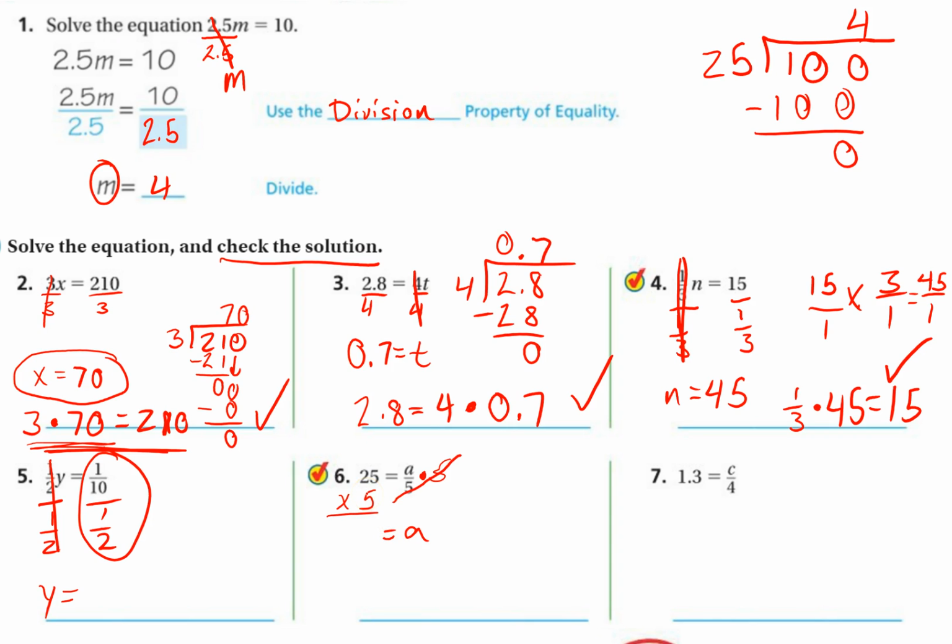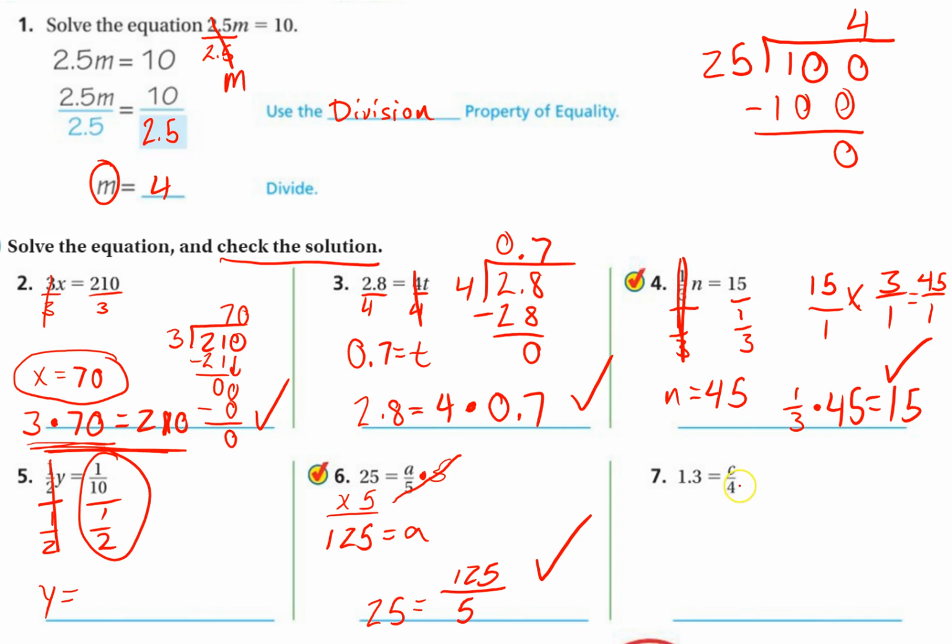So 25 times 5, now I have 5 quarters. That's $1.25, or 125 in this case. And then we check. Does 25 equal 125 divided by 5? Yes, it does. So this problem checks.